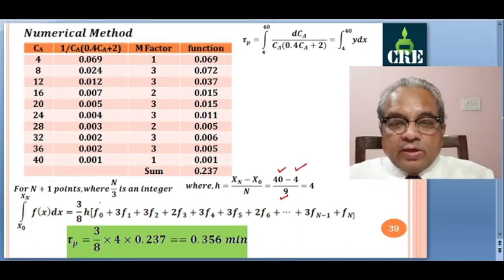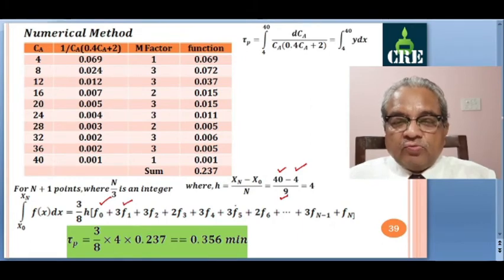Now here it is f0 plus 3 into f1 plus 3 into f2 plus 2 into f3, 3 into f4 plus 3 f5 plus 2 f6 and so on, up to the last, which will be 3 into f(n minus 1) and fn. So these are the multiplying factors for this function, and these are to be summed up.